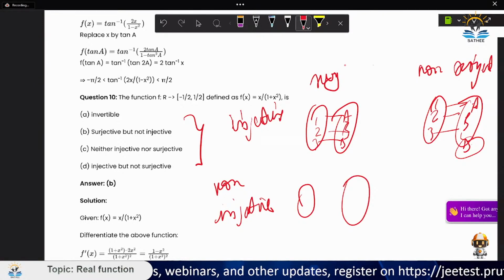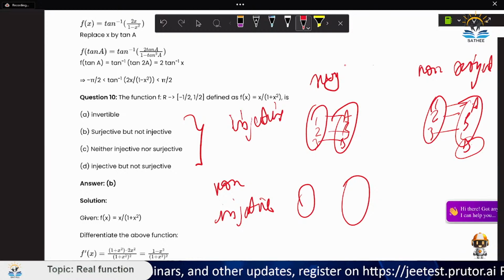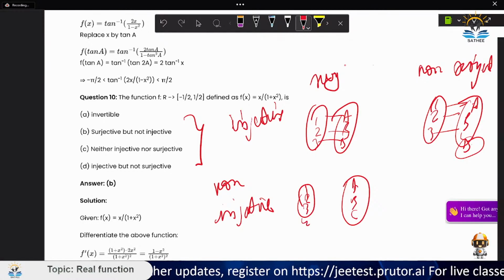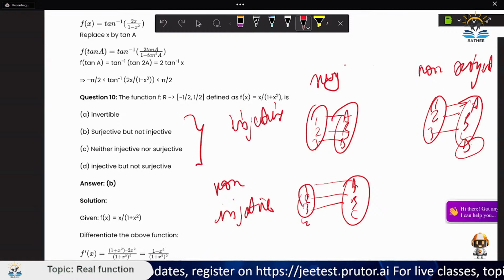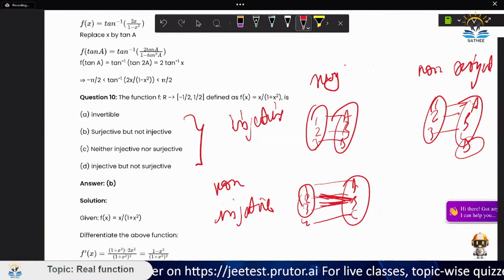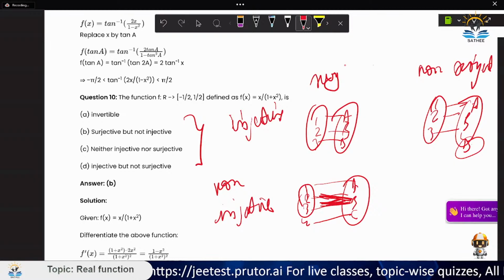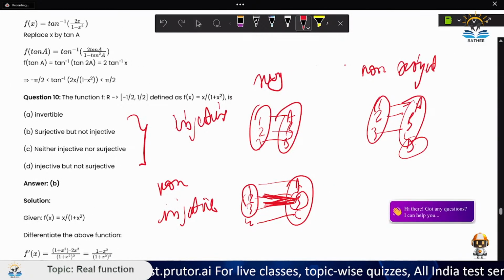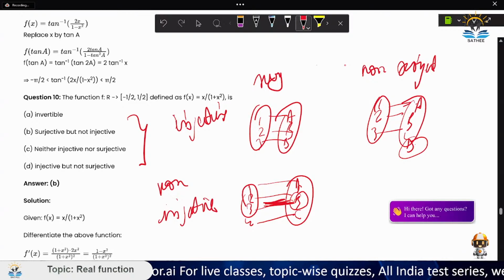And let's fix this. So it is A, B, C, one, two, three, four. So my 2 and 3 both are given B. So it is a non-injective function, because for a Y, there exist two X's here, right? So it is non-injective.